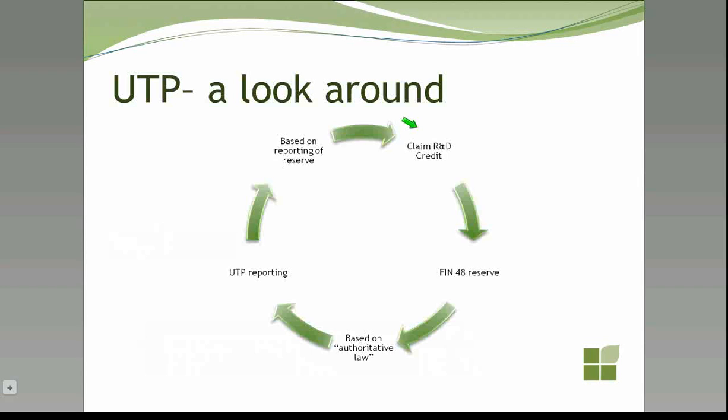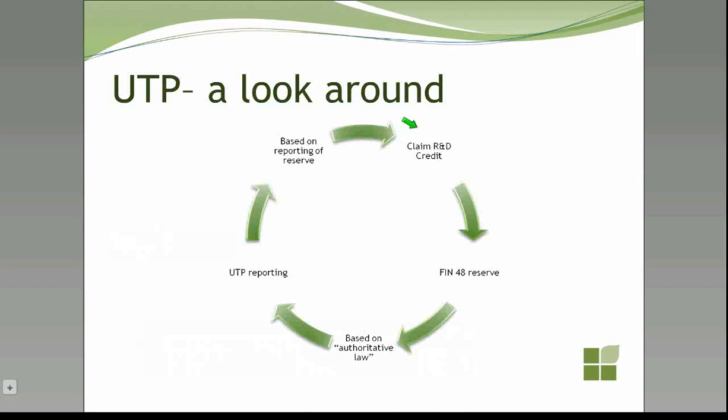Well, now that we have to report those uncertain issues on this form, and we base the reporting on whether we had a reserve, it goes back into the circle, because the reason we're holding that reserve is that it's based on authoritative law that makes it uncertain.